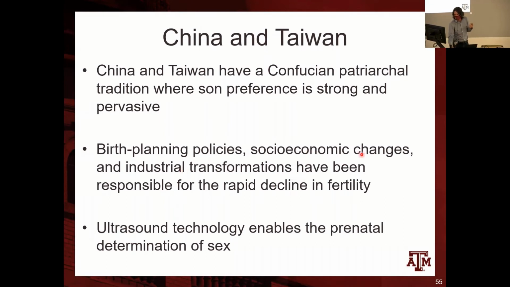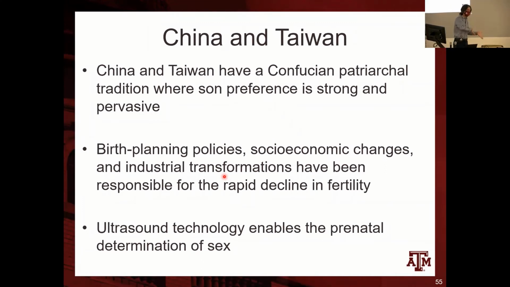Also, socioeconomic changes and industrial transformations. It starts to get expensive to have more children, even all over the world. With urbanization, it's more expensive to have children, to sustain children, to buy food, to provide education and everything. So people also start to have fewer children.